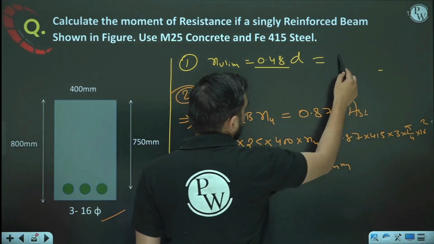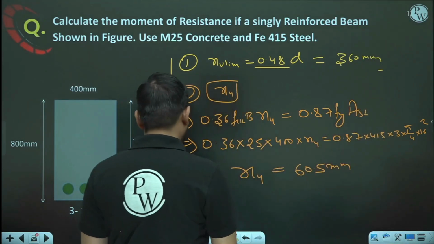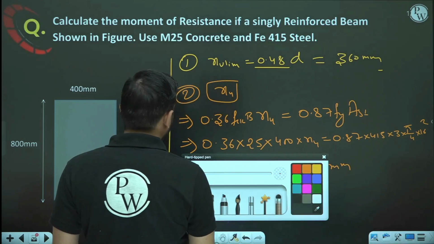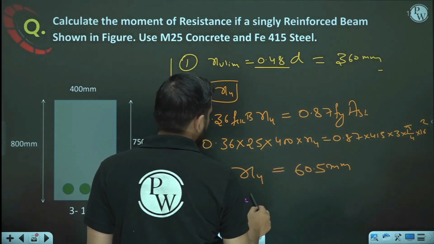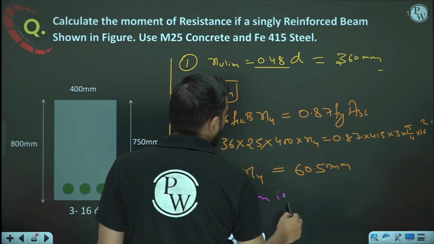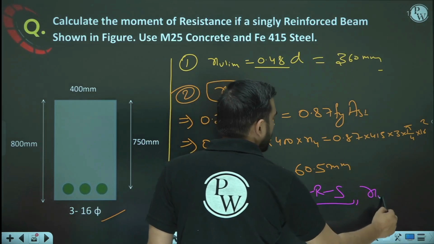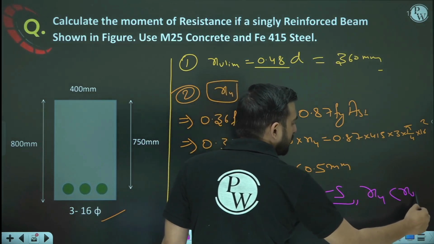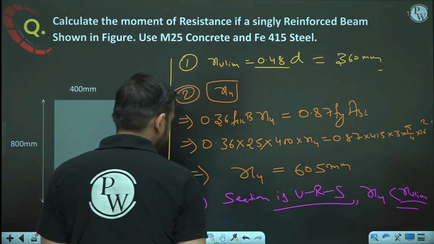So if you compare these values, then the section is an under-reinforced section because Xu is less than Xu,lim.